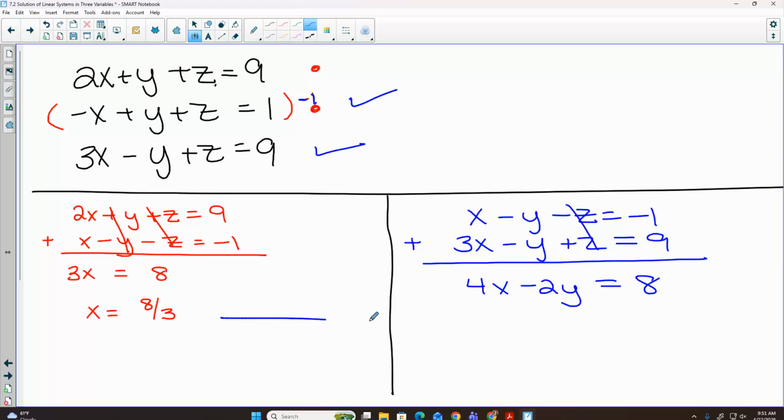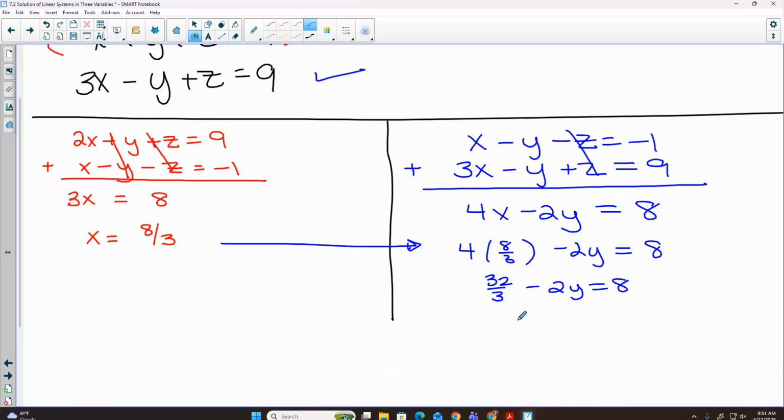We already know what x is, so we're plugging that in. So if I divide by -2, I get 4/3.